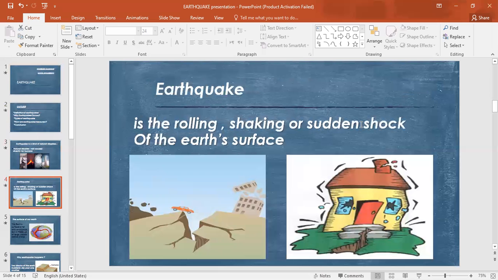So as we said, earthquake is one of these natural disasters, and it's defined as shaking, rolling, or sudden shock on the Earth's surface. Millions of earthquakes happen every year, but they are not powerful, so we can't feel them.